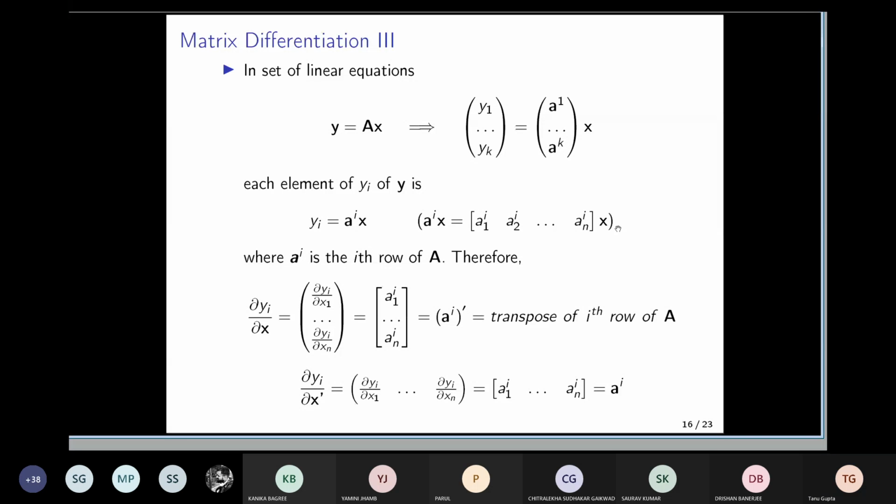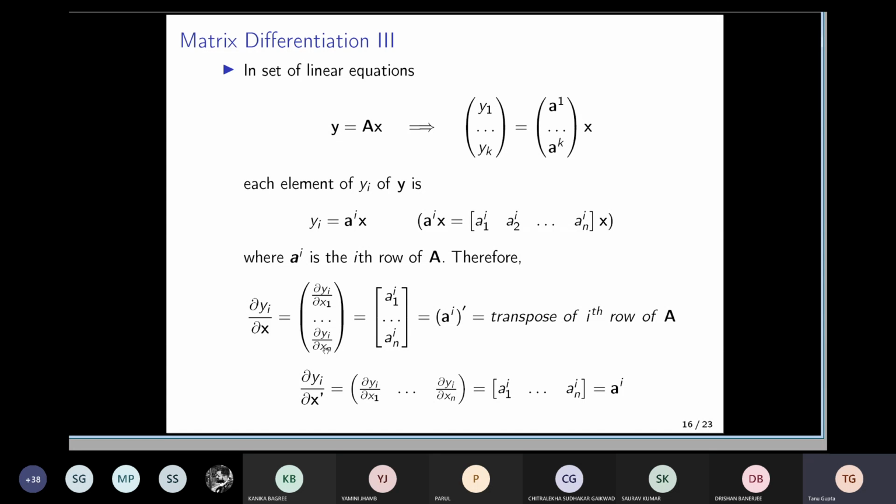See this. Ai x is the dot product of this vector multiplied by this vector. So it will be ai1 into x1 plus ai2 into x2 up to ain into xn. So del yi by del x1 is nothing but ai1.